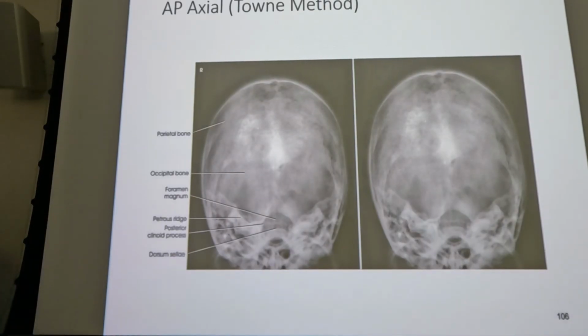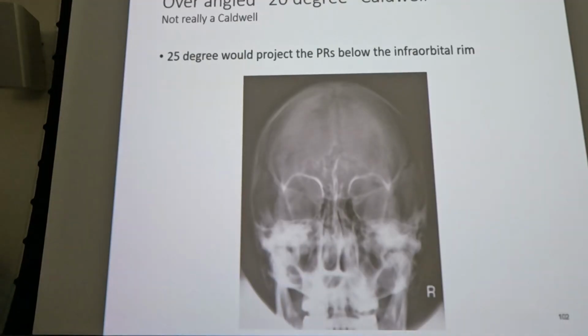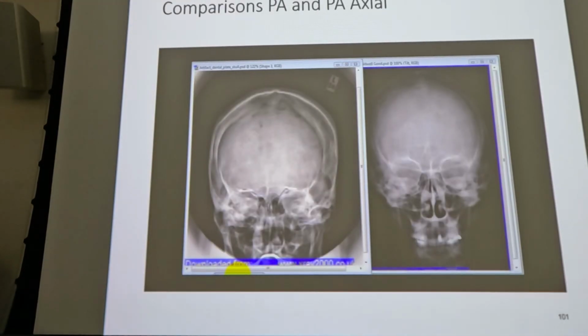Okay, let me scroll back up to the APs. Where's the foramen magnum? That's just nasal cavity, really. Can you see it? If you can see something I can't, tell me.